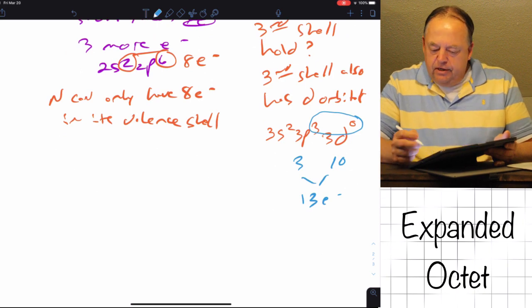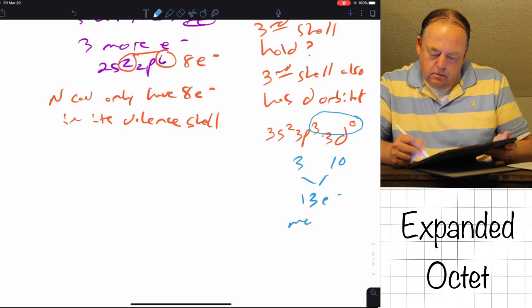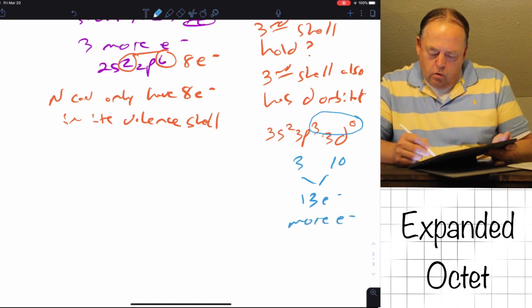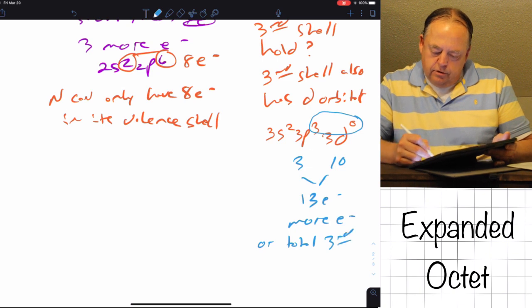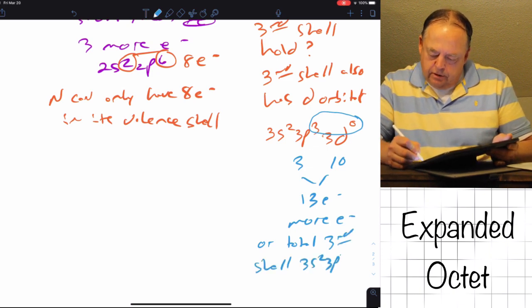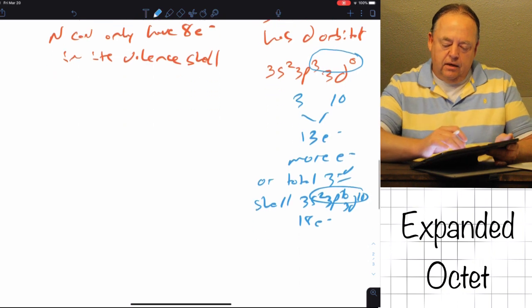So it could have 13 more electrons. Or in total, the third shell with the 3s2, 3p6, 3d10 could have a total of 18 electrons in its valence shell.